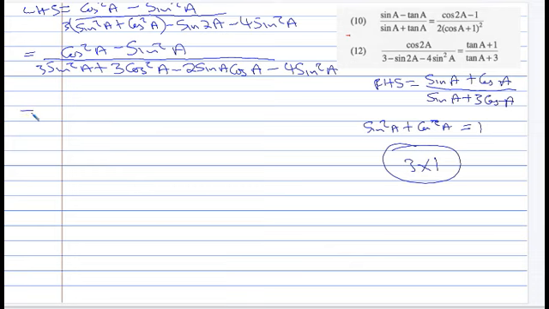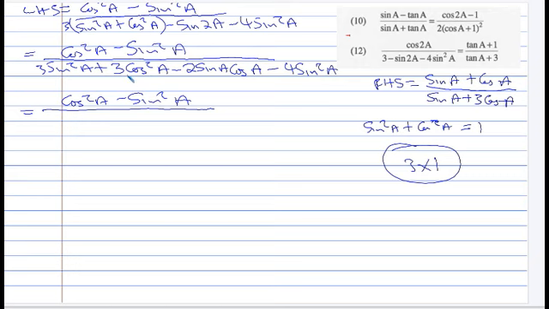And then the next step, that is equal to cos A squared minus sin A squared all over. This is 3 sin A squared. This is minus 4 sin A squared, right? So I'm going to take that.